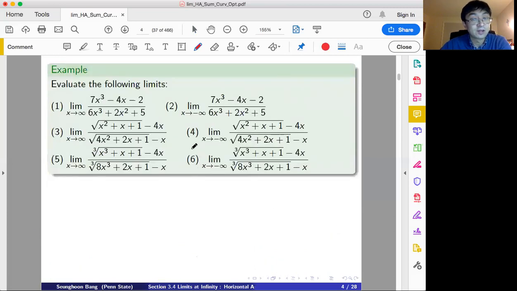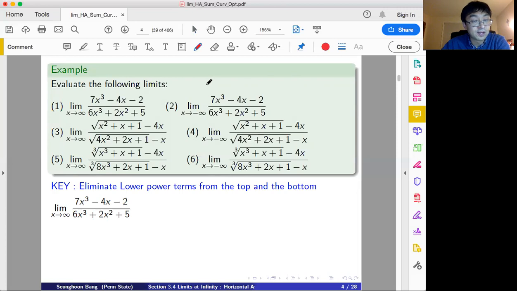So how can we evaluate the following limit values? The key: eliminate lower power terms from the top and the bottom. This is the idea. The first one, the limit as x approaches infinity of 7x cubed minus 4x minus 2 over 6x cubed plus 2x squared plus 5. The key is you have to eliminate lower terms in the top and the bottom. So we have this one.